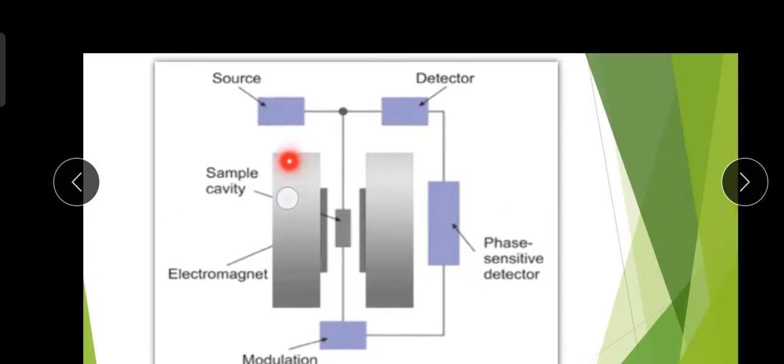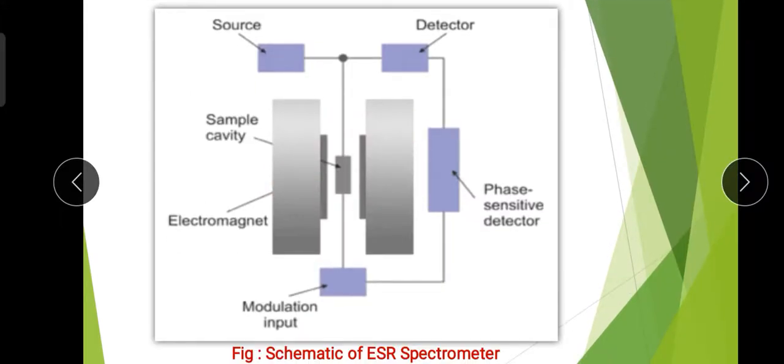Now these are the two magnets, that is the N pole and S pole, and this is the electromagnet. After that there is a modulation unit, and then there is a phase sensitive detector, and here is the detector. The detectors used in an ESR spectrometer are generally crystal detectors, and the source is a klystron which is used for the generation of the microwaves. So in this way we can arrange different components.